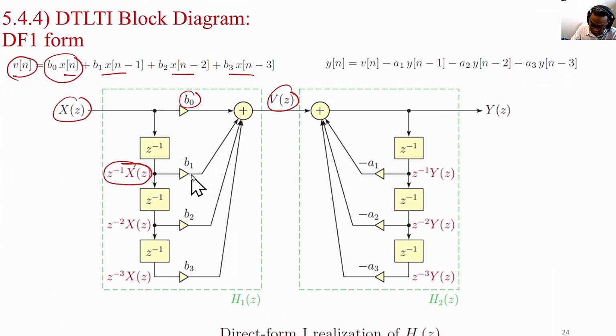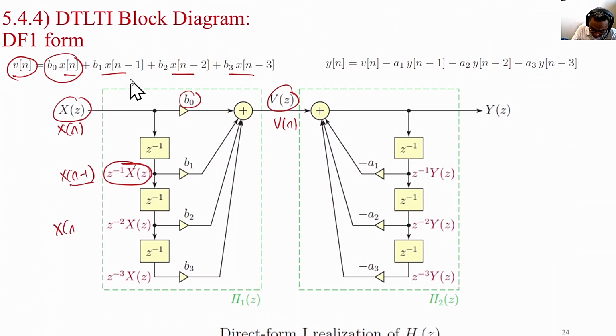If we want to redraw it, I can redraw this in the time domain representation. This is x[n], this is v[n], this is x[n-1], and x[n-1] will be multiplied with b1. So this is the equation above, b1 times x[n-1]. Then what about here?